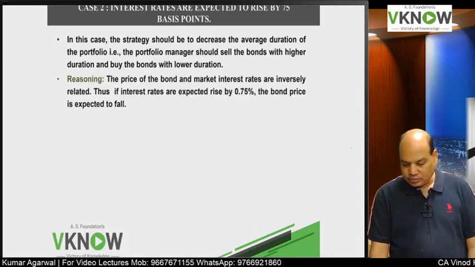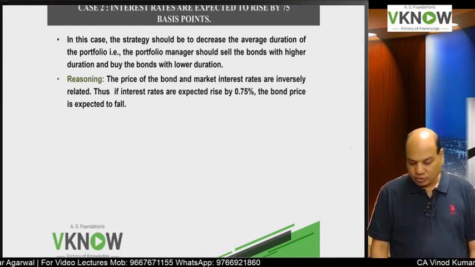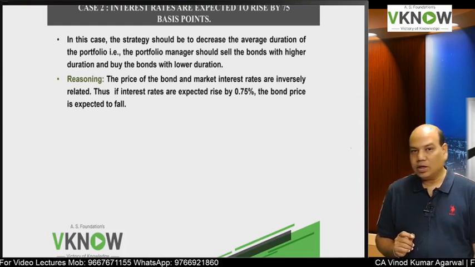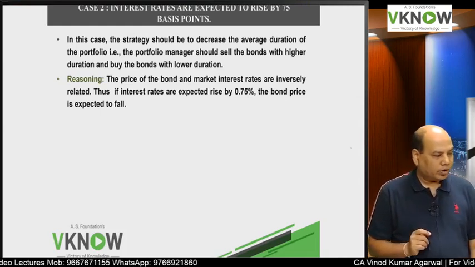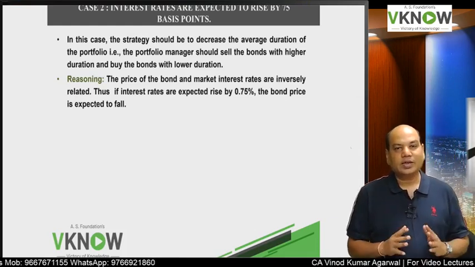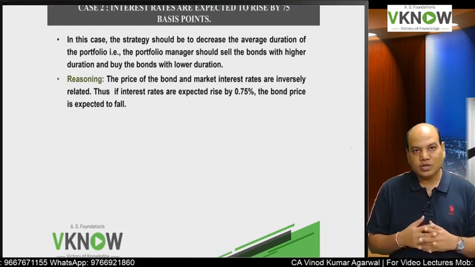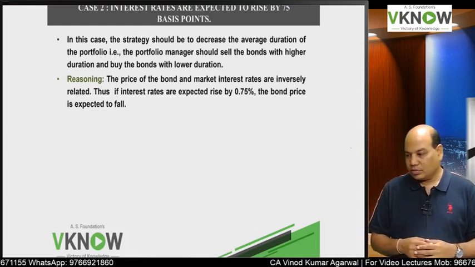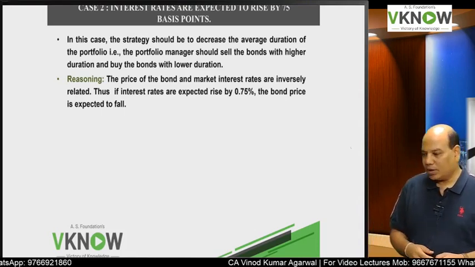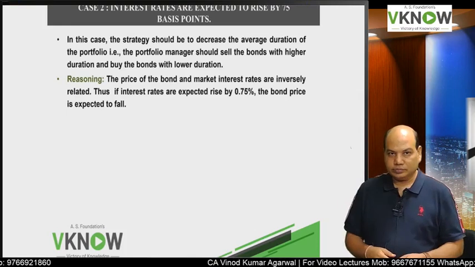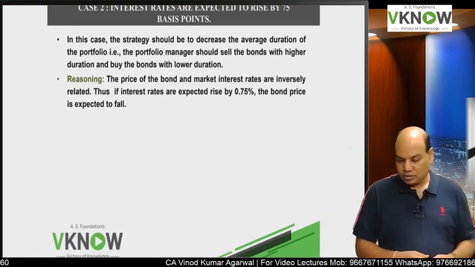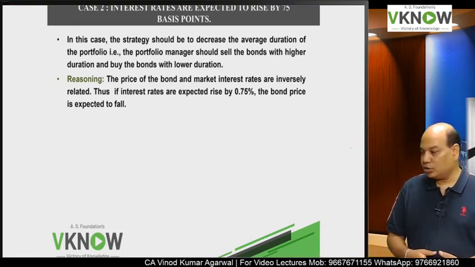The reasoning is the same. If you want to write it again, you can write the reasoning. The price of the bond and the market interest rates are inversely related. If interest rates are expected to rise by 0.75%, the bond price is expected to fall.